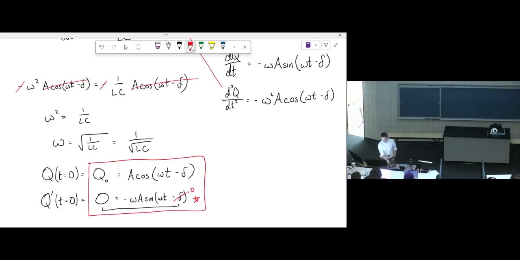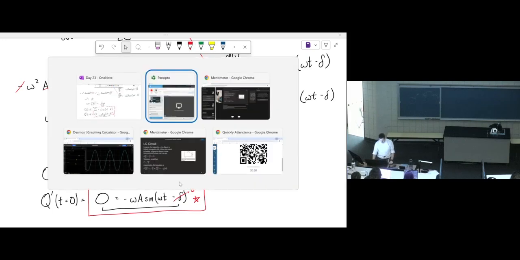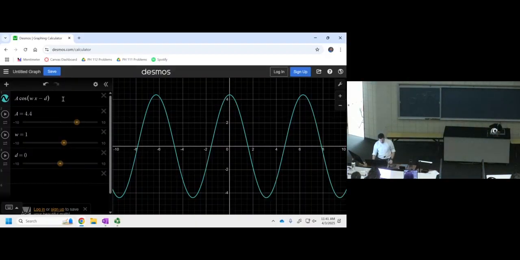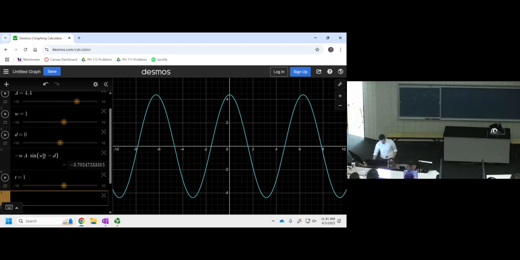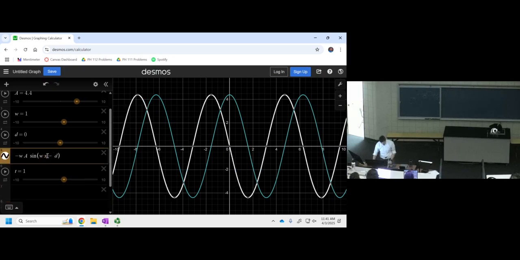If I show the same thing here on our Desmos slide, now I want minus WA sine omega t minus delta. Whoops, that's supposed to be x, you're right.